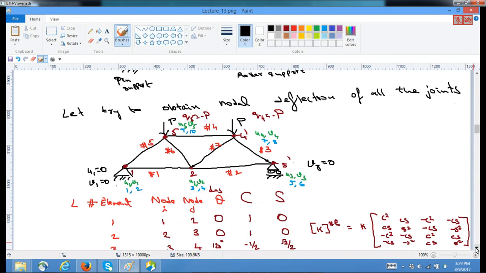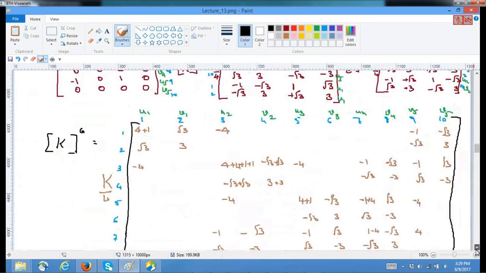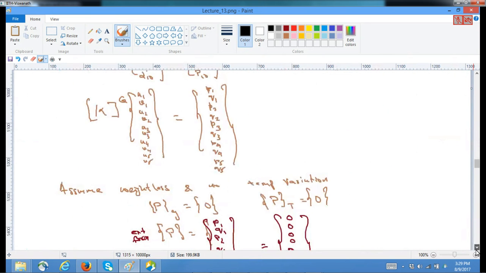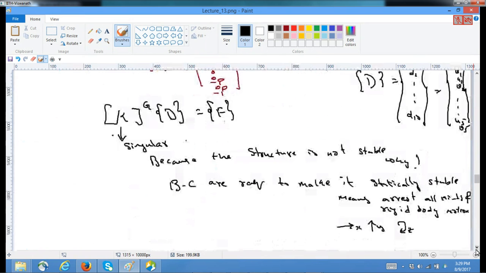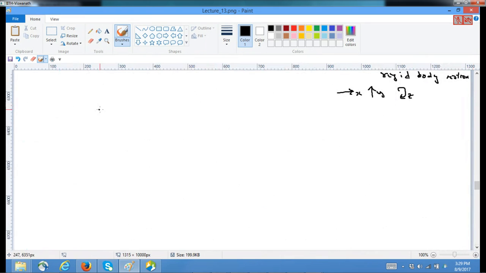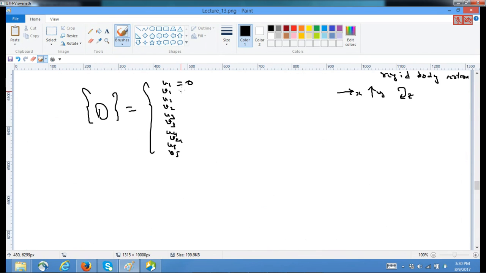That means the actual unknowns for the problem are as follows. My D matrix is u1, v1, u2, v2, u3, v3, u4, v4, u5, v5, out of which u1 is 0, v1 is 0, and v3 is also 0, and all other things are unknown.